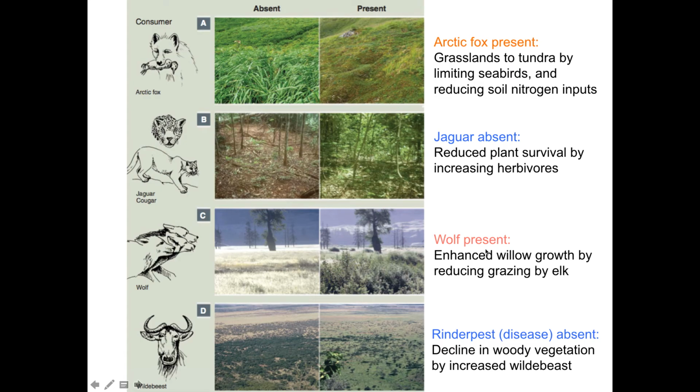Similarly with the wolves, where the wolves are present, there is enhanced willow growth because of reduced grazing by the elk, by the deer. You have more wolves, less deer, more vegetation. Wildebeest, this has got to do with a disease. You have a decline in the woody vegetation when you have more wildebeest.